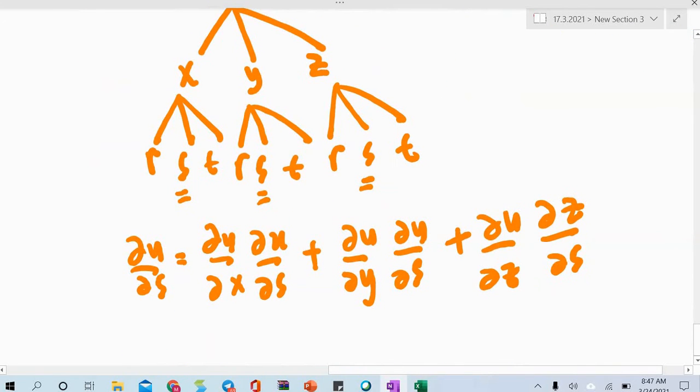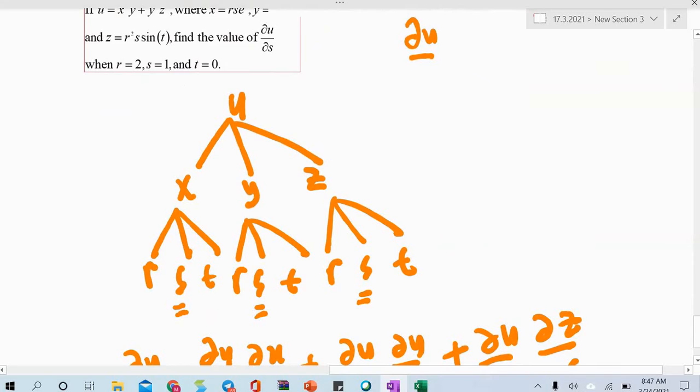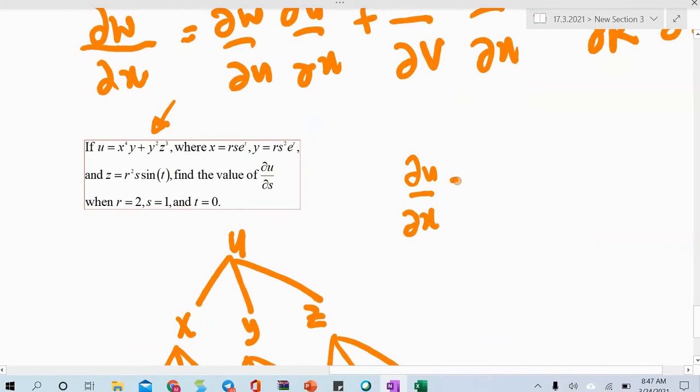differentiate del u del x. So from here you have to differentiate del u del x. When you differentiate del u del x, y and z are constant. Del u del x will be 4x^3 plus 3y. So this everything will be 0.